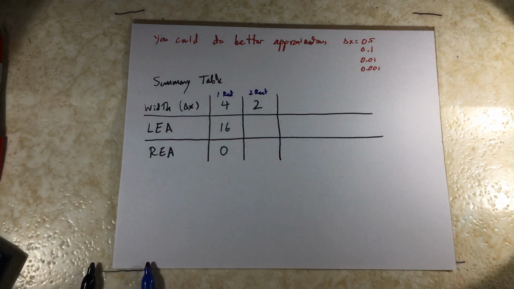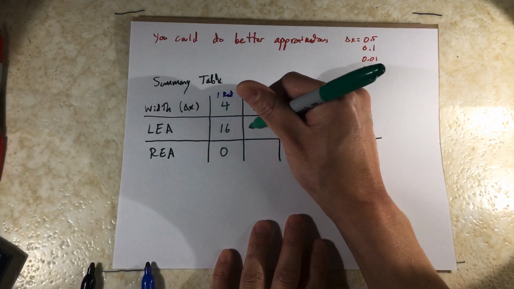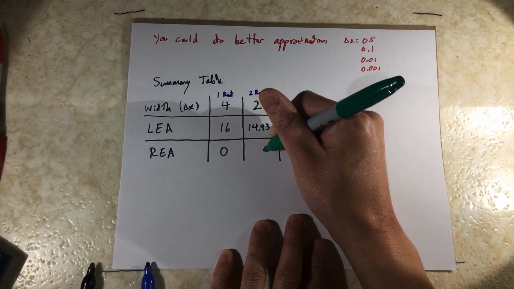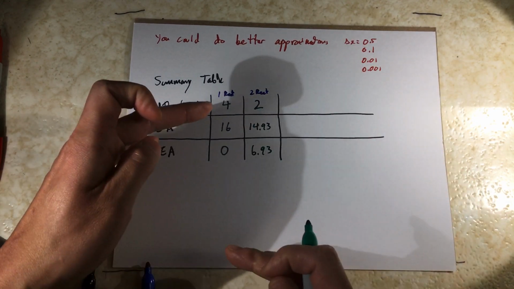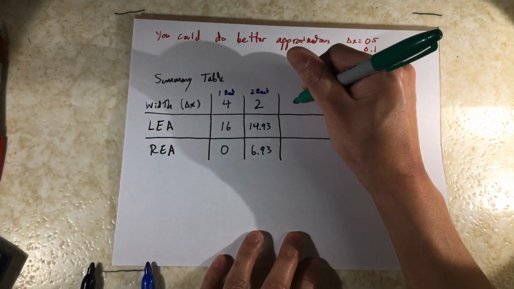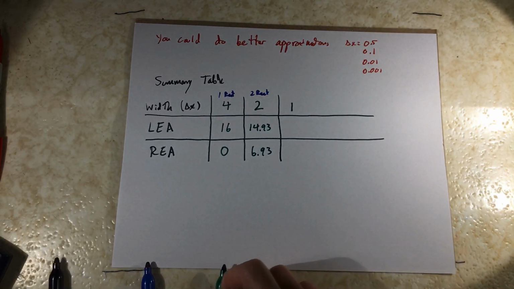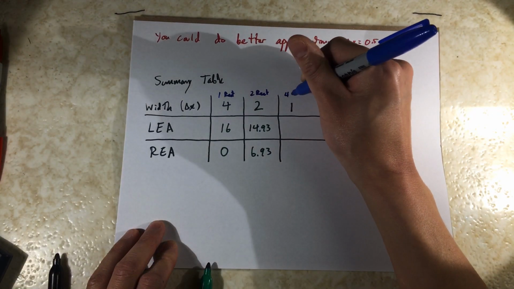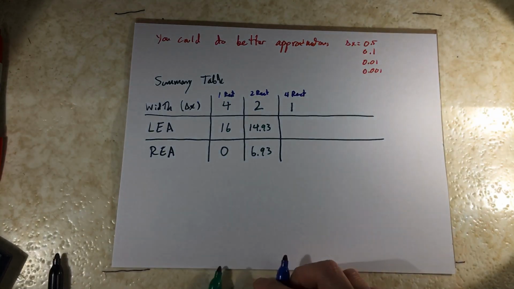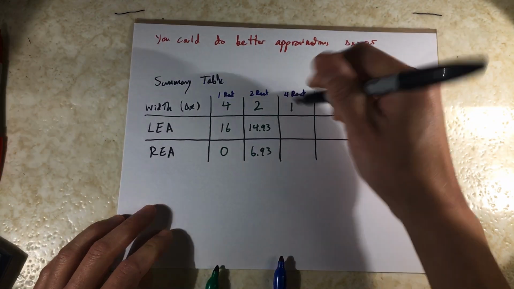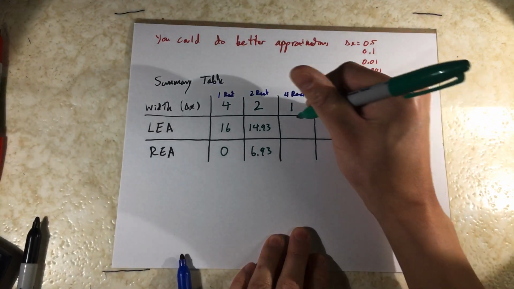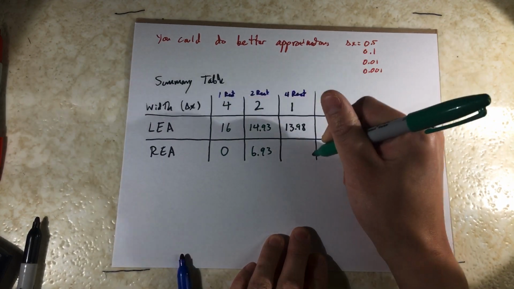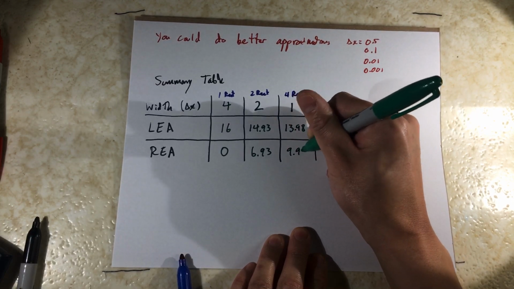When we did 2 rectangles, we got 14.93 and 6.93, so you can see those upper and lower limits got closer together. Then we did a width of 1, which was 4 rectangles, the one we just did, and we got an upper limit of 13.98 and a lower limit of 9.98.